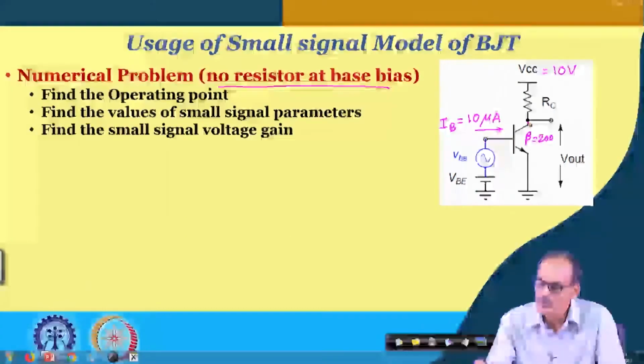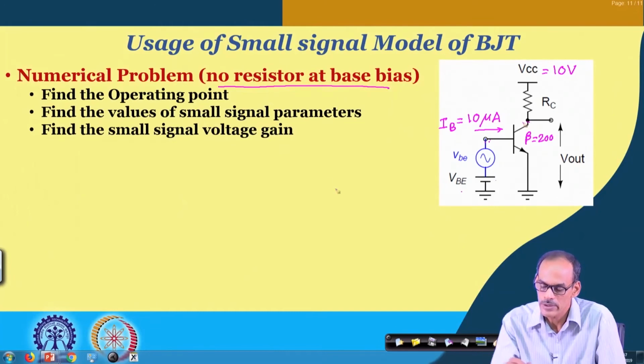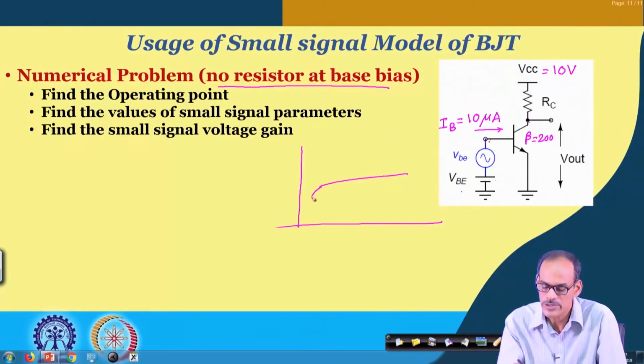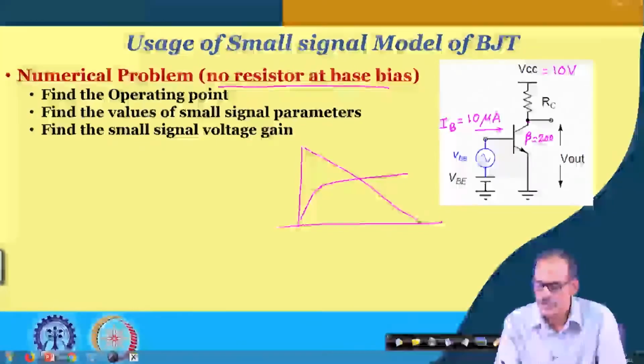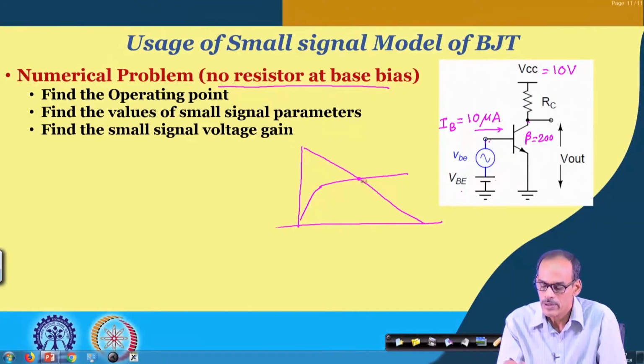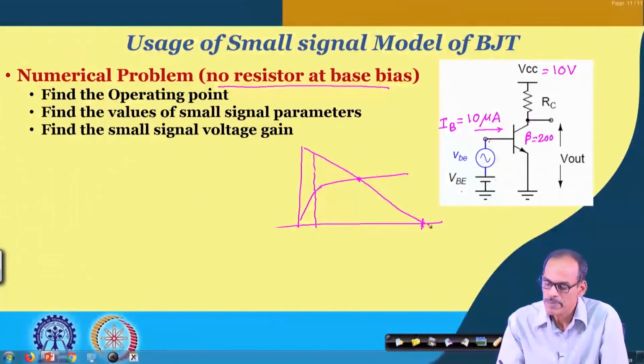To get a good linearity range, we would like to keep the operating point well away from the saturation limit and the active region limit. The maximum voltage we can have here is 10 volt, so the load line intersects at VCC, which is 10 volt.